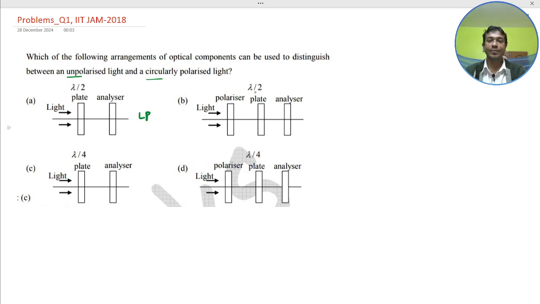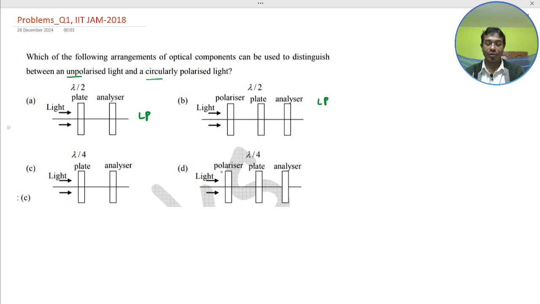Here also lambda by 2 half wave plate, linear polarized for both, light coming through polarizer to analyzer via plate, LP. Basically plate is given, polarizer and the analyzer, and here plate and analyzer, and here polarizer and analyzer.